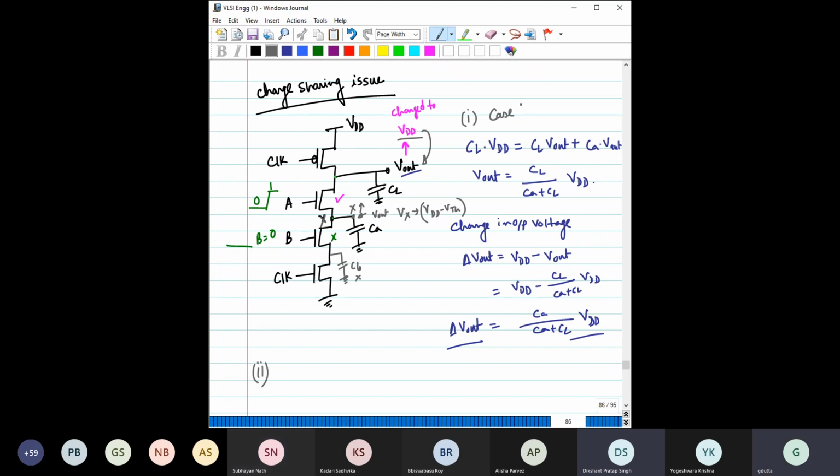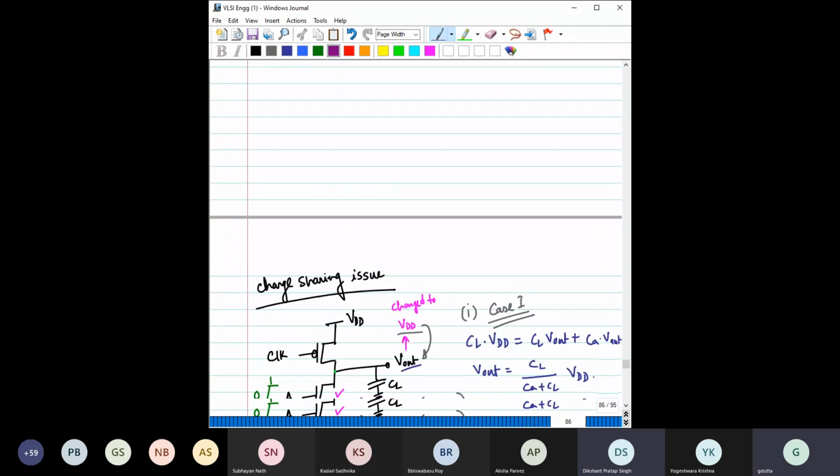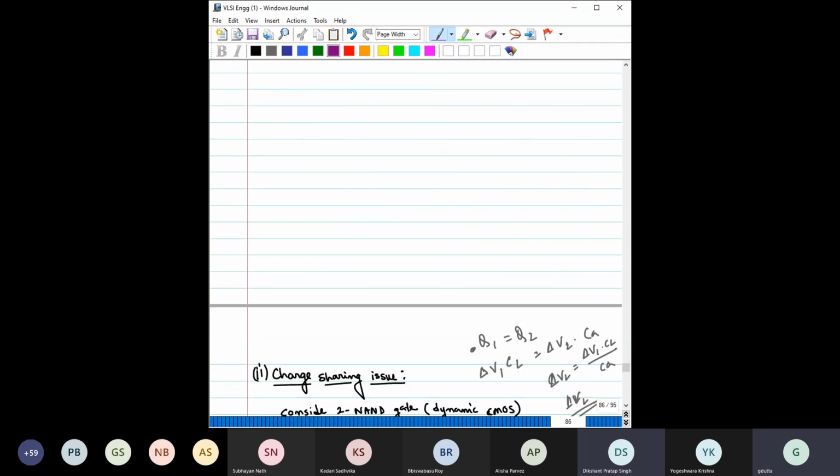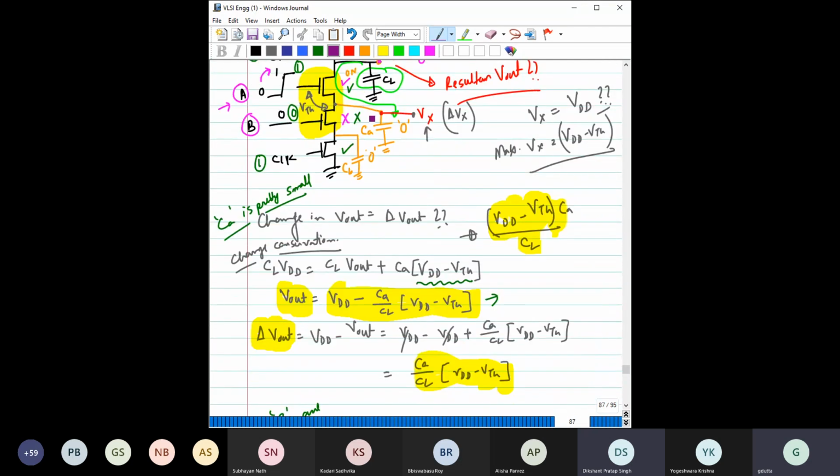Okay, think in this way. Yesterday I first discussed this one, so maybe that was the reason you got confused. I considered the case where CA is pretty small, and as a result the voltage increase across this CA would be pretty fast.